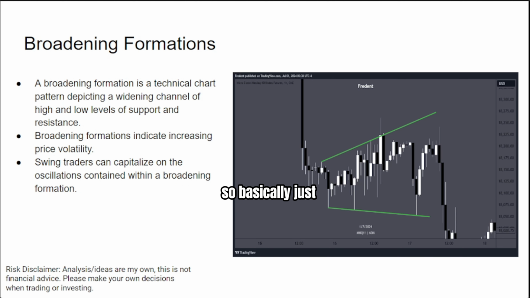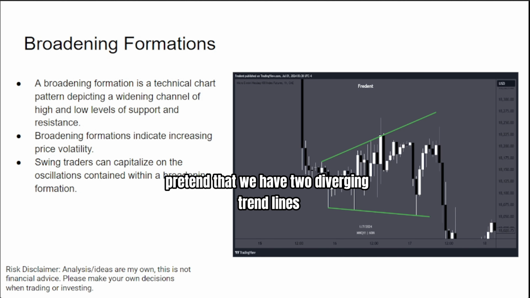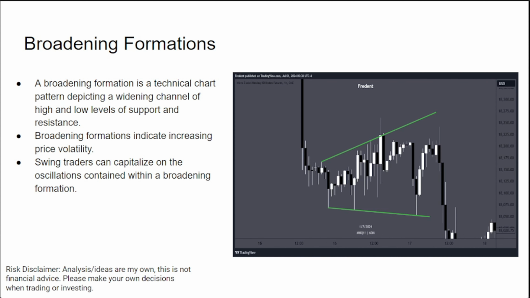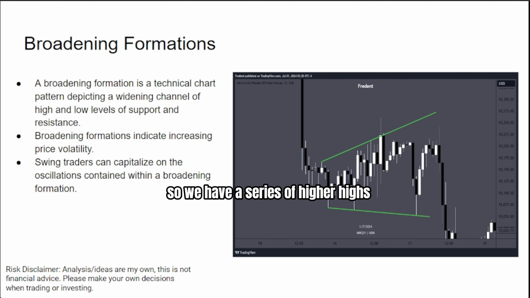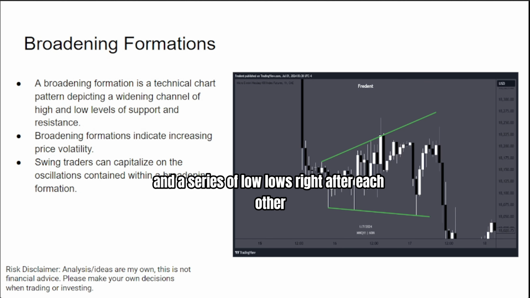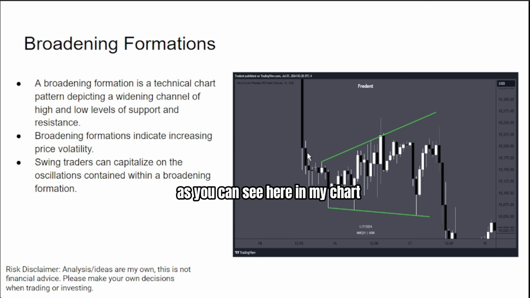So basically, just pretend that we have two diverging trend lines, and we've got two or three swing points that are higher highs, and two or three swing points that are lower lows, right? So we have a series of higher highs and a series of lower lows right after each other. As you can see here in my chart, higher highs and lower lows.